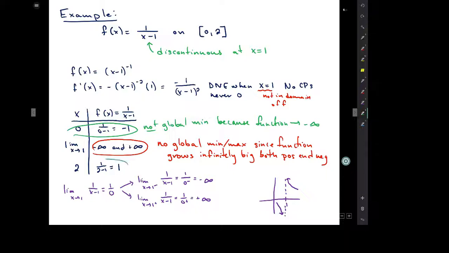And down here at x equals 2, I have the y value of 1. This is not a global max because the function goes to positive infinity.